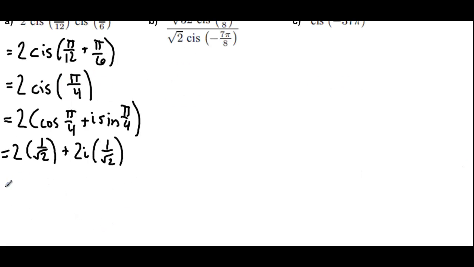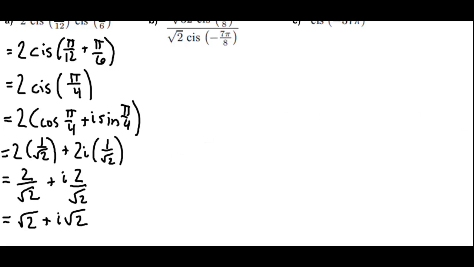Can we simplify that more? We certainly can. That would be 2 over root 2 plus i 2 over root 2. Now if we rationalize those, we multiply by root 2 over root 2. Root 2 is on the bottom, we make it 2, cancels off with that 2, and we just get root 2 plus i root 2. There it is in complex form.